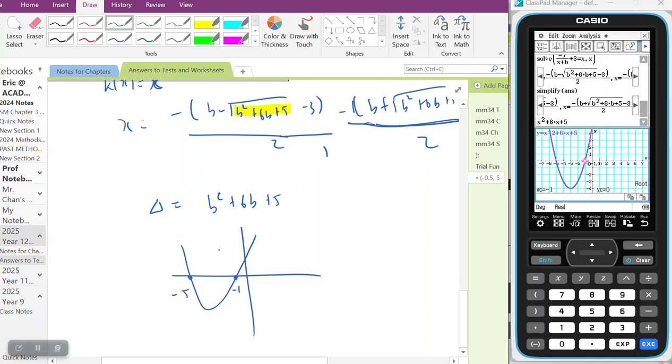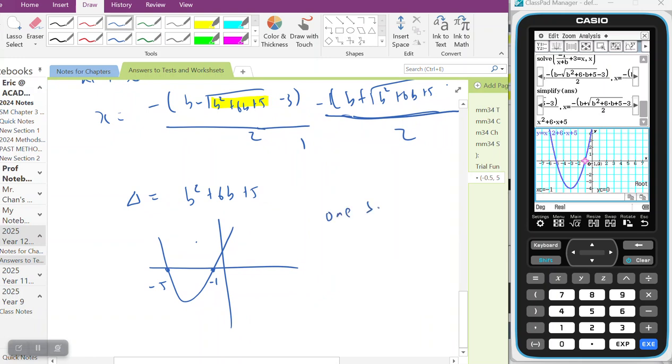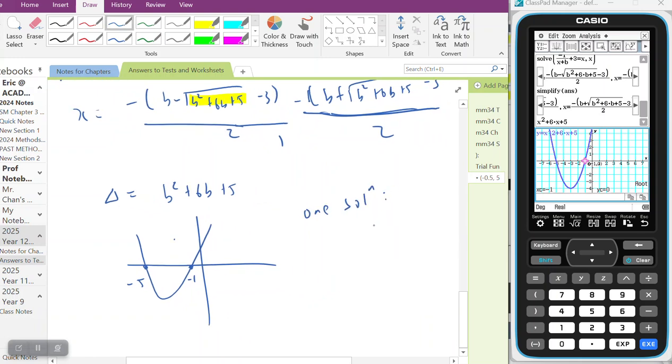So for one solution, b is an element of the set -5, -1.